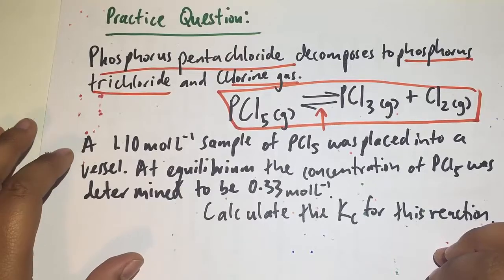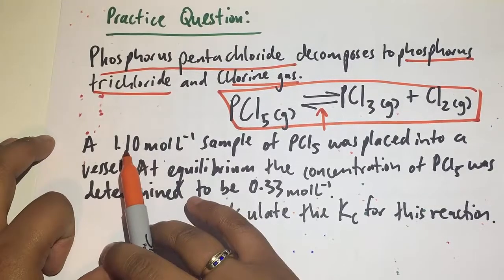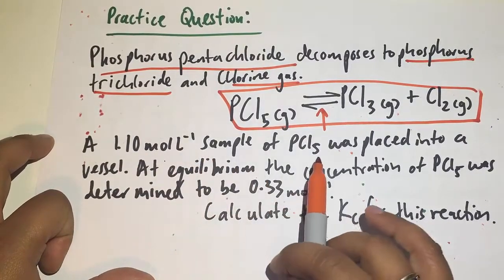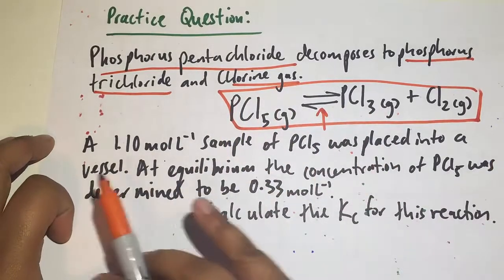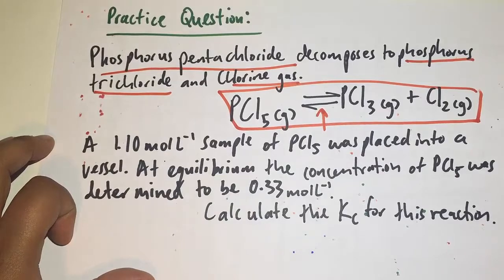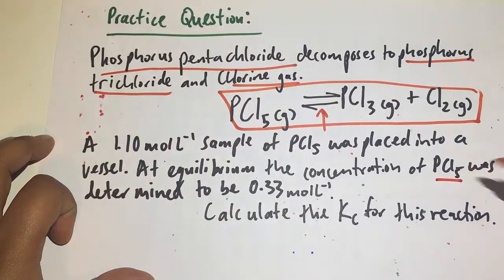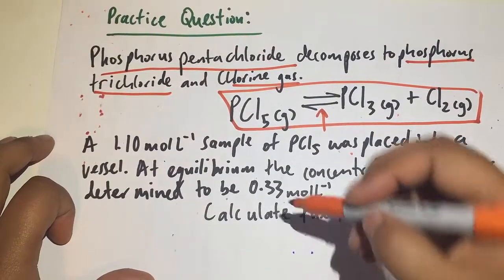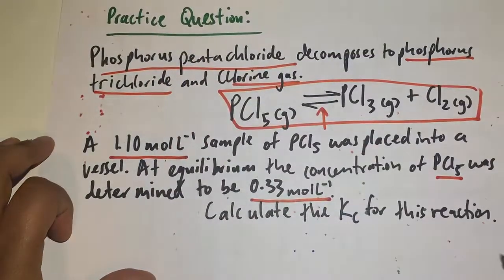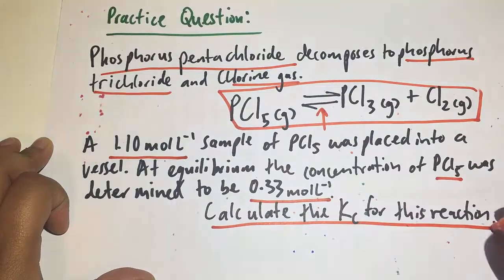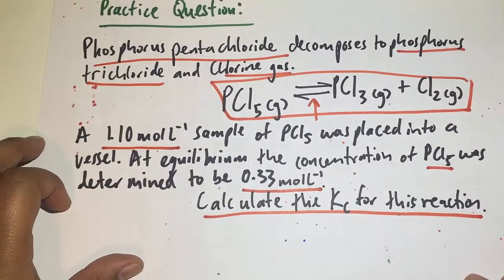For this question, a 1.10 moles per litre sample of PCl5, the reactant here, was placed into a vessel. At equilibrium, the concentration of PCl5 was determined to be 0.33 moles per litre.